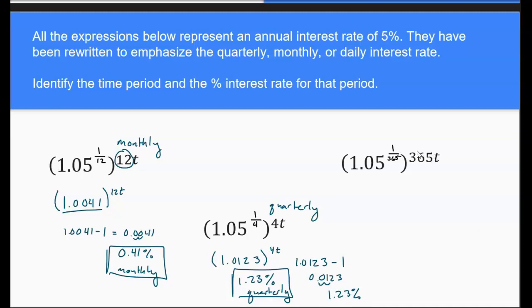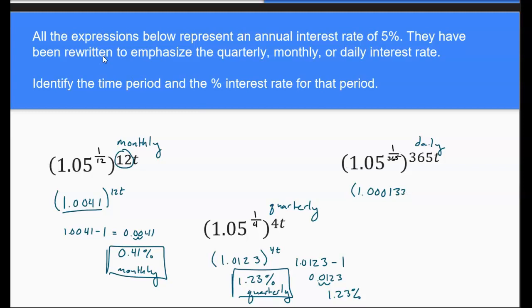And the last one here, 365, well, this tells us it's going to be daily, 365 days in a year. So we're going to calculate what's inside the parentheses, 1.05 to the 1 divided by 365. Now, if we think about this, this should be pretty small, right? The daily interest rate should be pretty tiny. We get 1.000133.